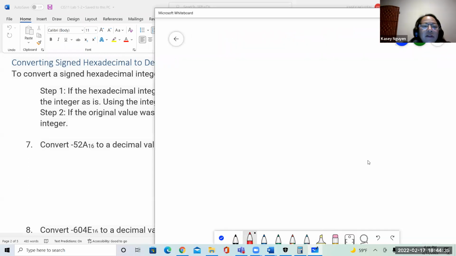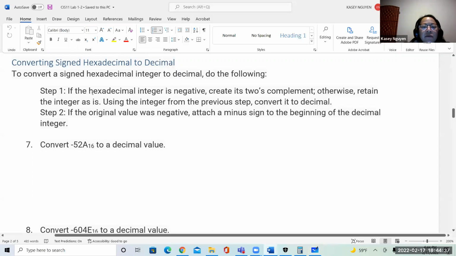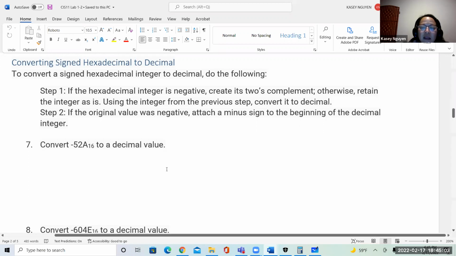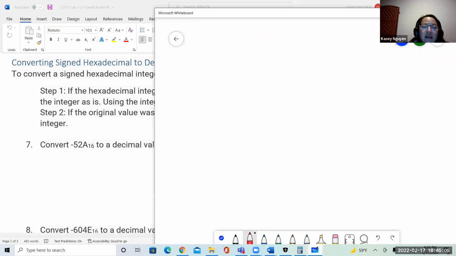Step 1 tells you that if you have a negative value, you create its 2's complement, or otherwise retain the integer using the integer from the last step. Then if the original value is negative, attach the minus sign when you output the decimal value.